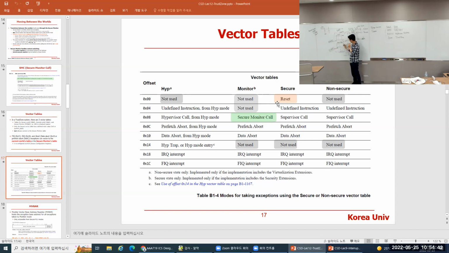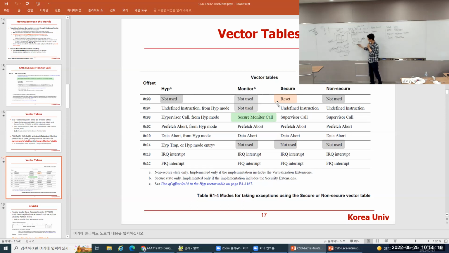Now it is time to execute the sorting program, so TTBR should be pointing to this page table. So in secure world, you want to execute several different programs on the OS, so you need separate page tables. This one is for DRM, digital rights management application, for legal access to digital content.